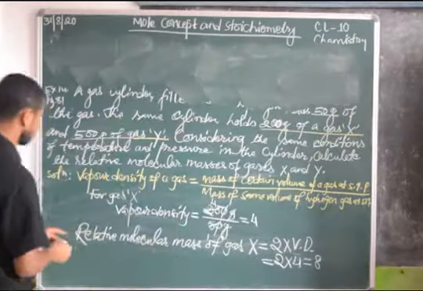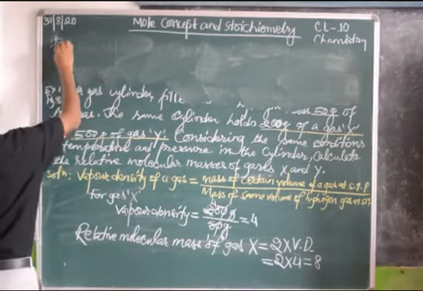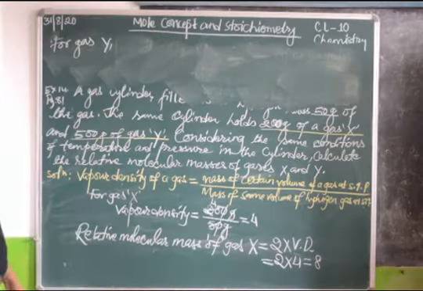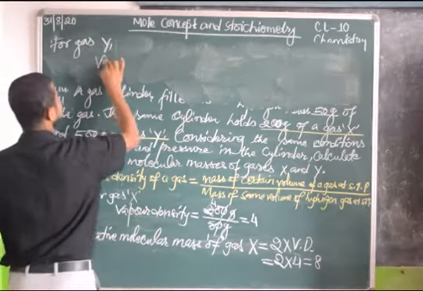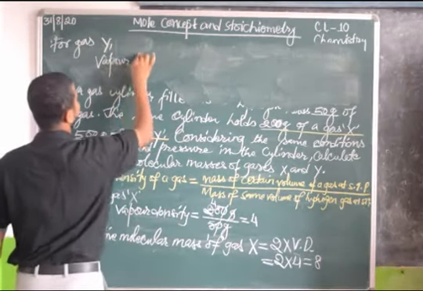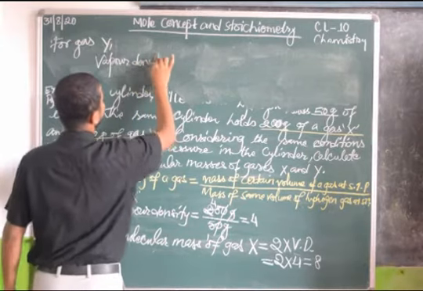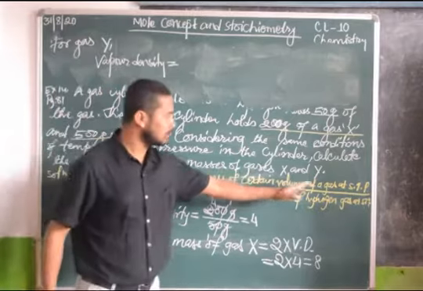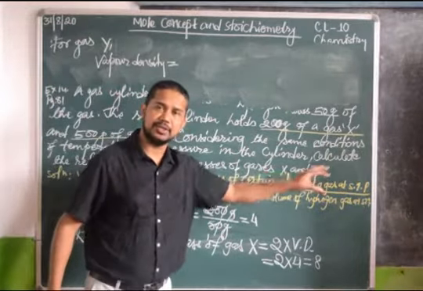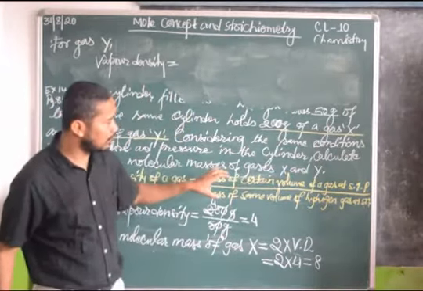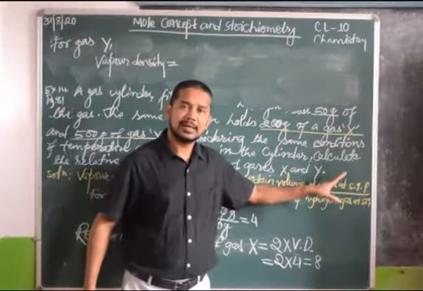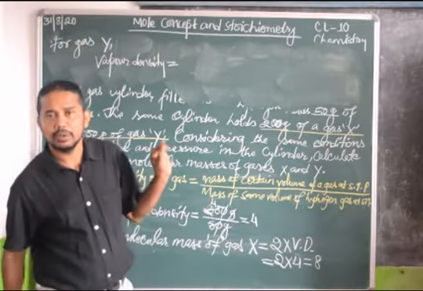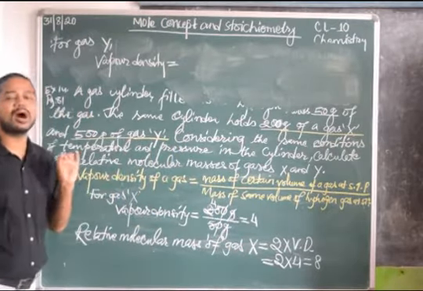Now, for gas Y, vapor density is equal to, what is the formula? Mass of a certain volume of a gas at STP. Here, the mass of gas Y at STP, the mass of a certain volume of gas Y at STP.